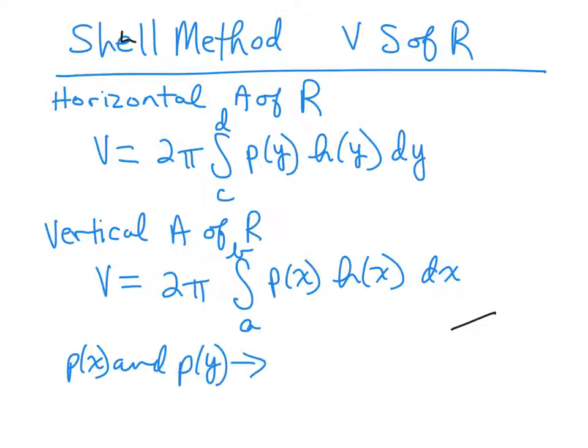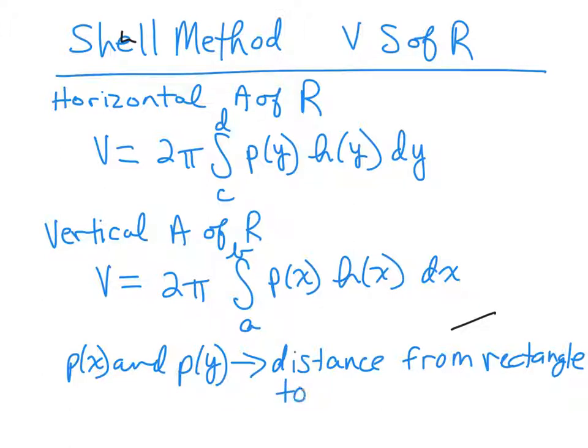To find those, what you want to do is find the distance from the rectangle, and when I say the rectangle, I mean the representative rectangle, to the axis of revolution.